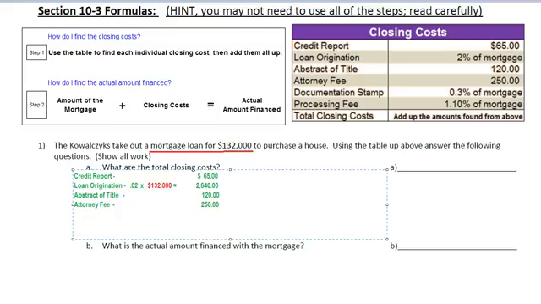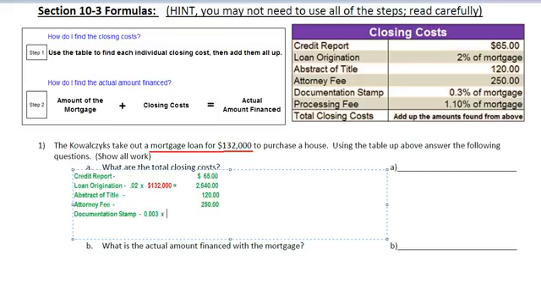I'm almost done. I got documentation stamp. Now, for the documentation stamp, I'm going to have to multiply. As a reminder, just like with loan origination, we're going to have a percentage. In this case, it's 0.3%. But I'm going to move that decimal over, and I'm going to get 0.003. And because the word of is up there, 0.3% of the mortgage, I'm going to multiply once again.